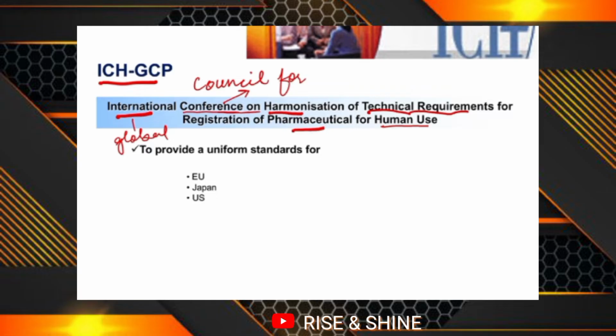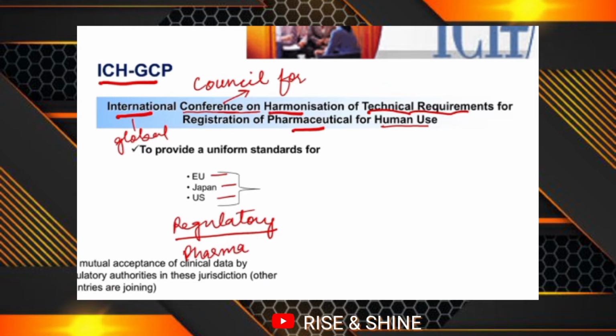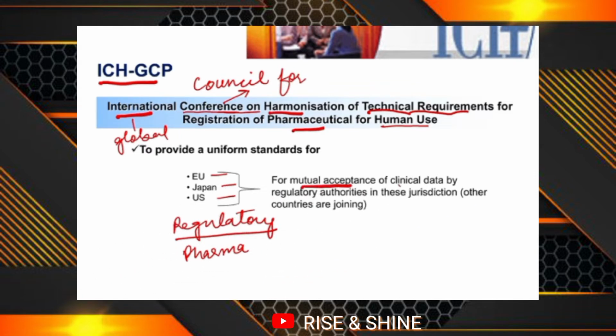So what happened? All these nations from 3 territories, the European Union, the US, and Japan, and their regulatory bodies, like your FDA, EMA, and the Health Ministry of Japan, and the pharma companies of these 3 regions came together and thought, we will have a mutual acceptance.